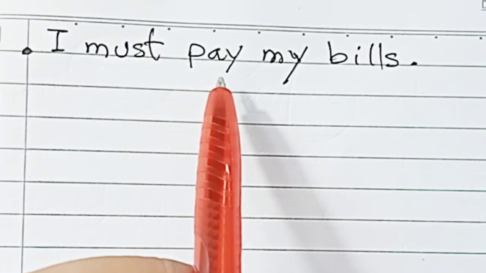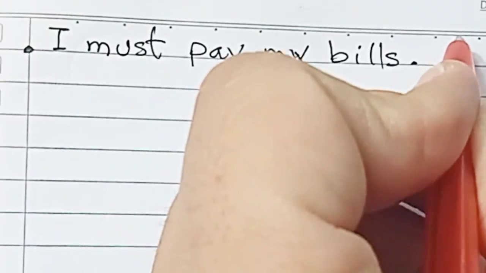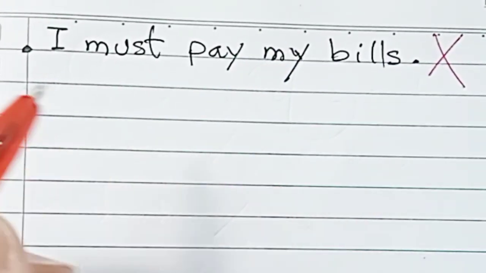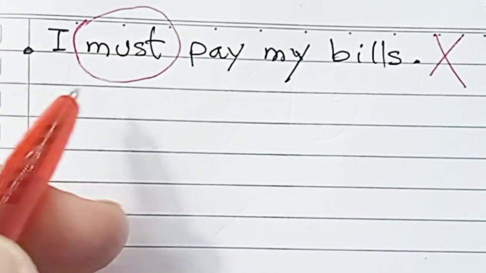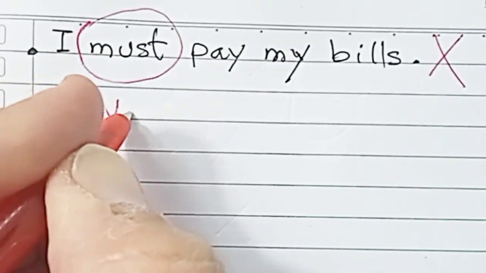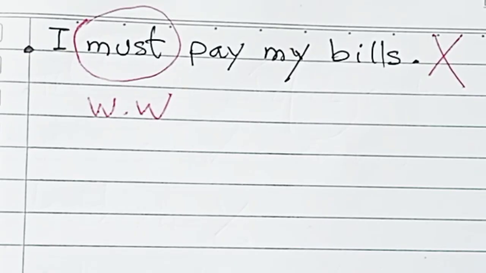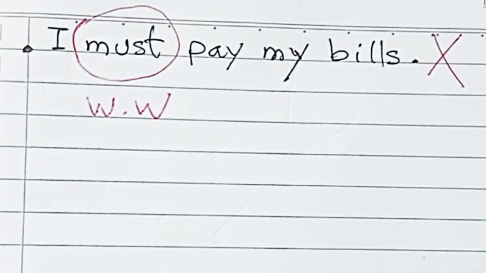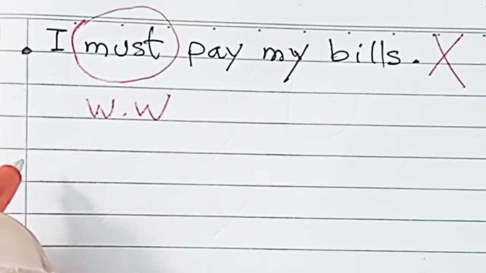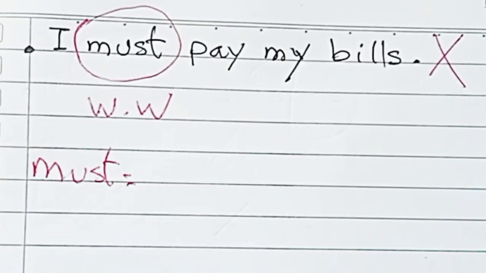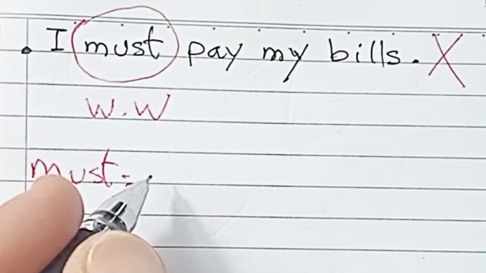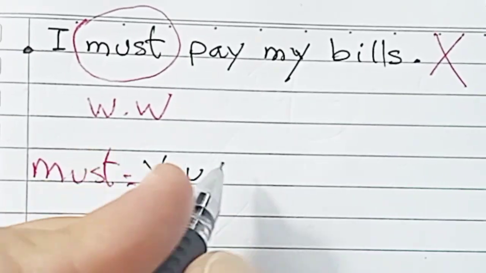Next sentence is, I must pay my bills. Notice it's my bills in general. All right? The wrong one here is must. Why? Because we are talking about bills in general. So we are choosing the wrong word. How to solve this? Before that, let's break it down. What does must actually mean?